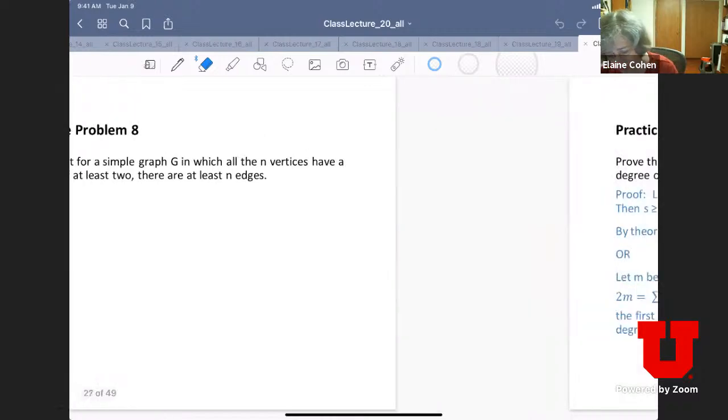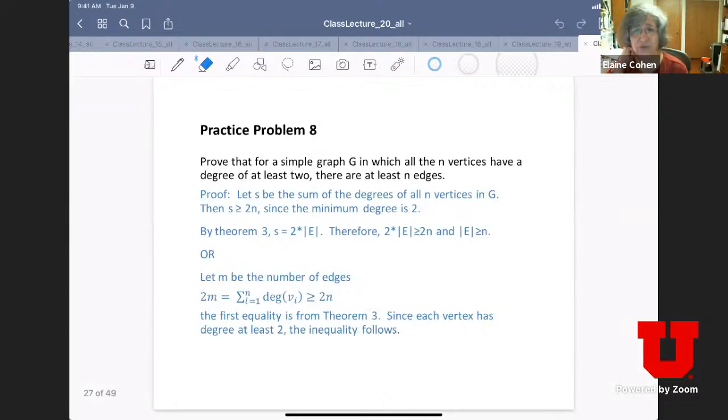Okay, let's do it. Here it is. We have 2 different proofs here. So let's do the bottom one. If we let m be the number of edges, then we know that twice the number of edges is equal to the sum of the degrees of the vertices. And we know that each vertex has degree greater than or equal to 2.